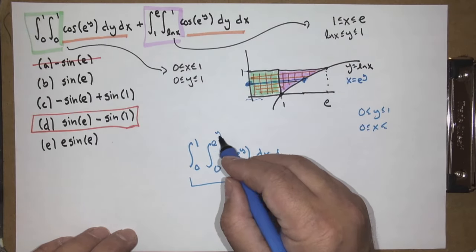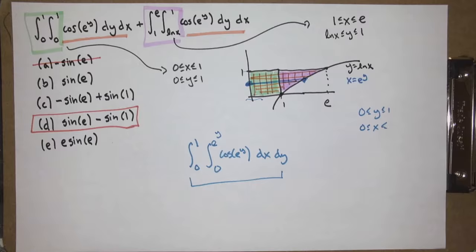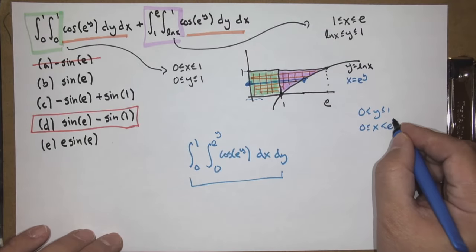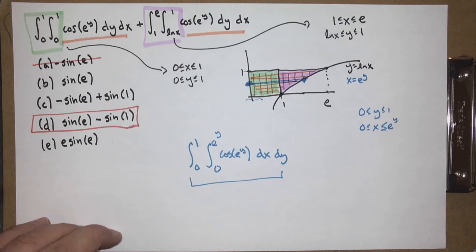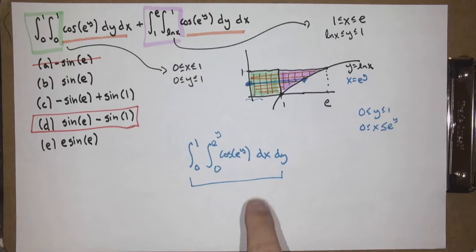So we change our bounds. So a different description, instead of having 2 pieces, we can do it as 1 piece. All right, so we have our 1 piece somewhere in the deep blue. All right, let's try to integrate this. What's the integral of cosine e to the y with respect to x?